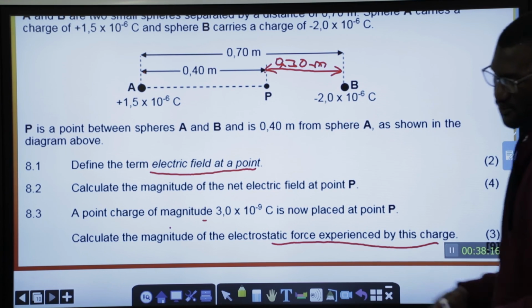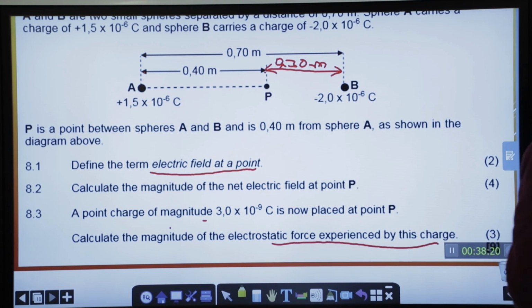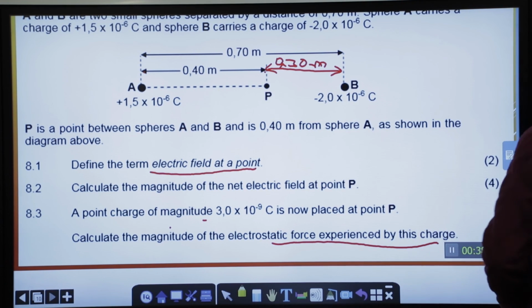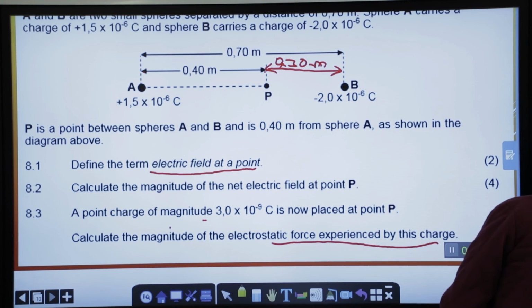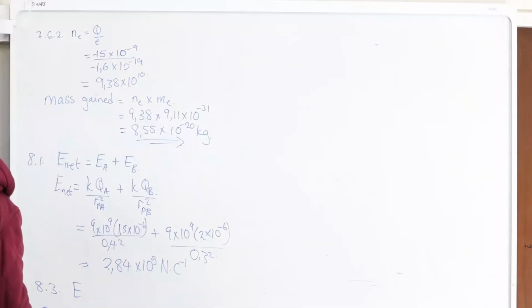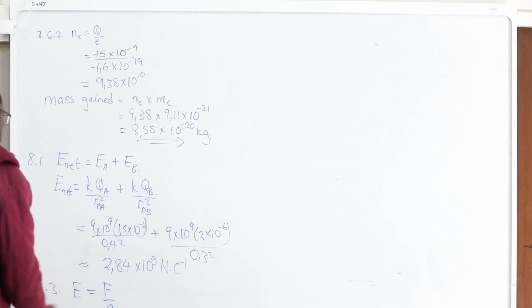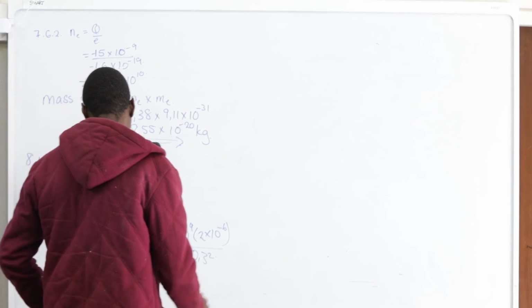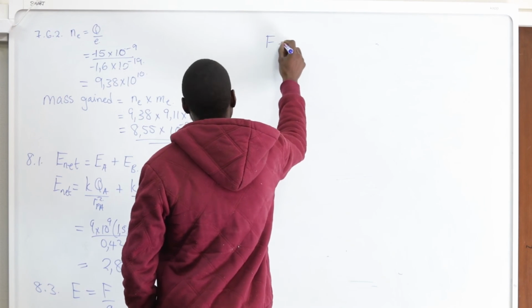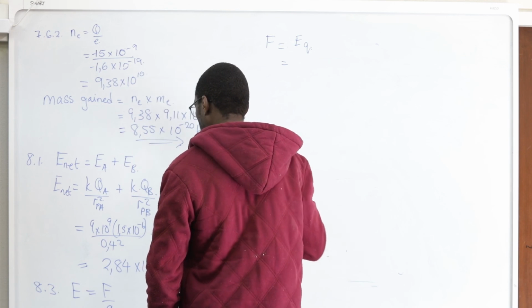All right? So we are looking for the magnitude of electrostatic force. Now what we have is E net. Very simple. Question number 8.3. We know that E is equal to F over Q. For us to find the value of F, we are multiplying E times Q. Do I have a value for E?